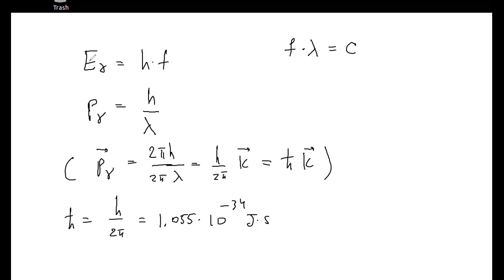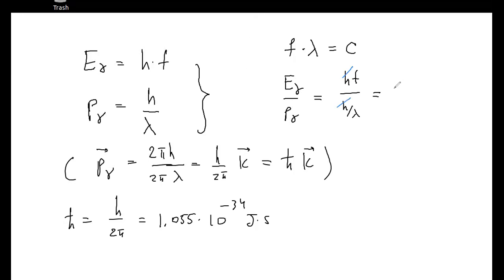Let me take a ratio between them. E gamma over P gamma. Let's see. Sorry, I couldn't hear. What did you say? Lambda f. H bar goes, Planck constant goes away.